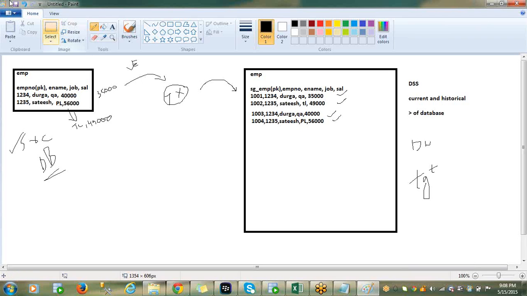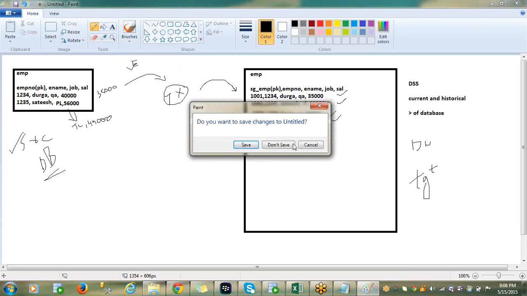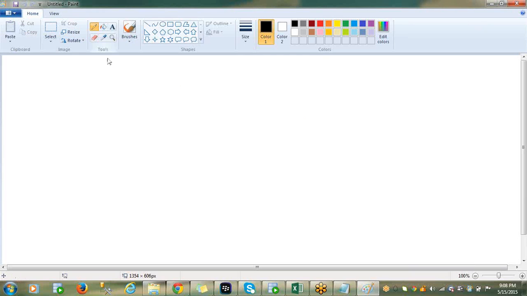If I go in a more detailed manner, now this is one of my sources, second source and third source.